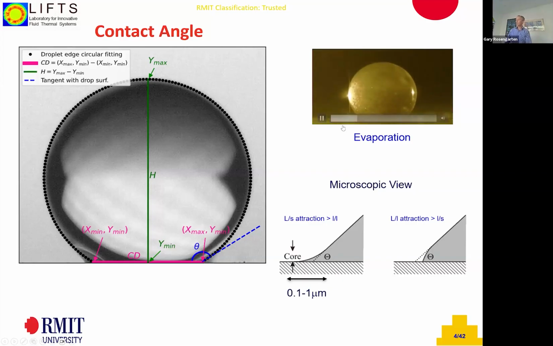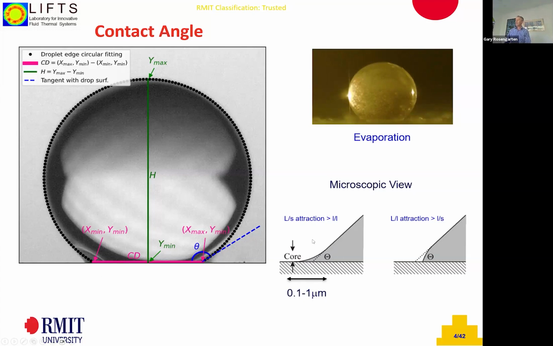So if we look at a microscopic view of that interface, there's always this little liquid core here with this liquid film, which is on a very, very small length scale, 0.1 to 1 micron, but we can't really pick up here. We can pick up maybe 100 microns, 50 microns, but we can't pick up that.